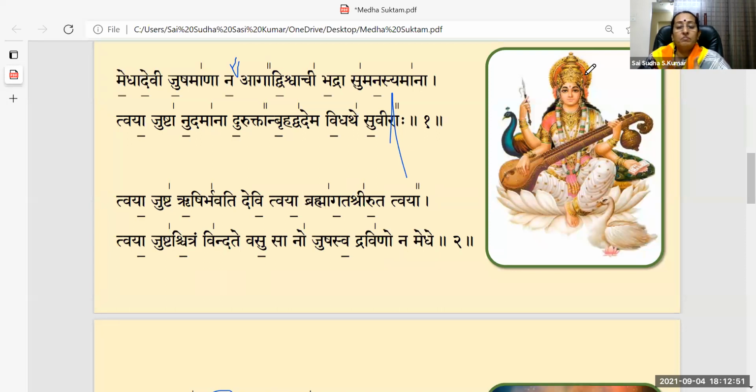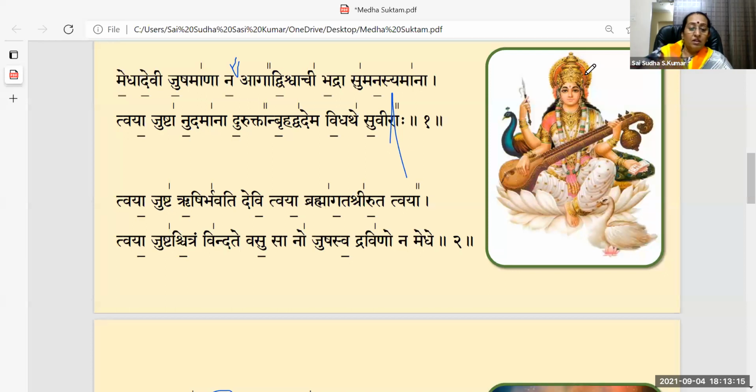So, with Medha Devi's grace, anyone can become a rishi or a Brahmagnani, and then there is prosperity and abundance also. When Medha Devi arrives, she blesses us with prosperity and abundance.